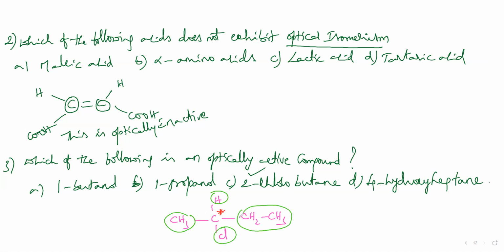All 4 substituents are different, so this is what we call chiral. Hence it is optically active. What is a chiral carbon? Carbon having 4 different substituents. The second carbon has 4 different substituents, so the compound is optically active.